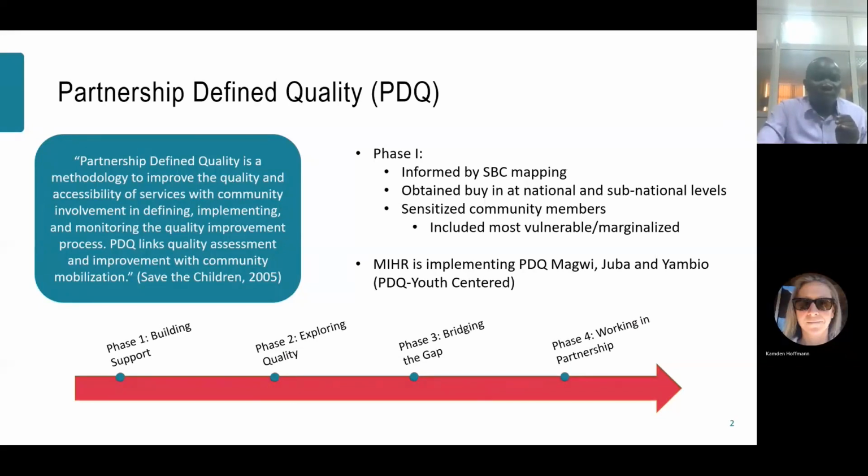The fourth phase is a result of the third phase, where we create what we call quality improvement teams at the community level, to link with the quality improvement team at the facility level.